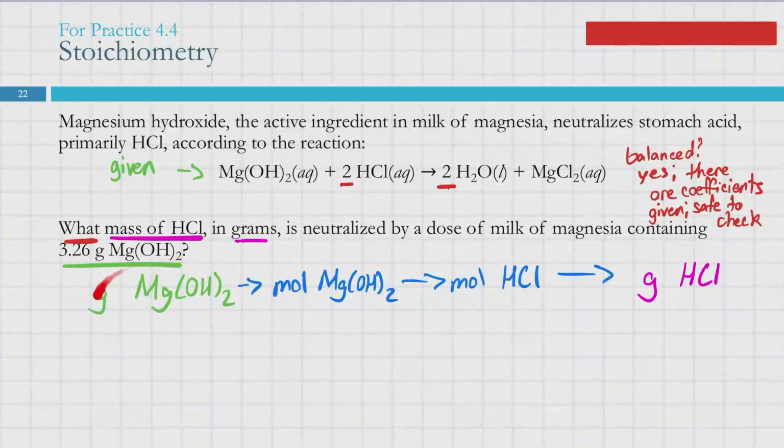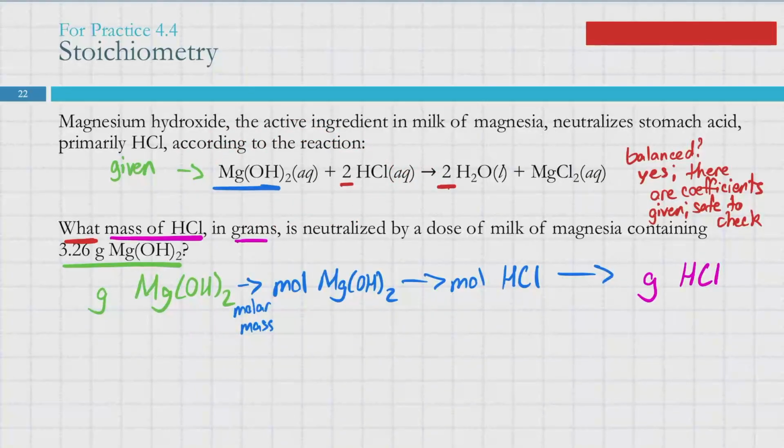What are we going to use to do grams to moles for magnesium hydroxide? Molar mass. So we'll have to calculate a molar mass for magnesium hydroxide. What tells us a relationship between magnesium hydroxide and HCl? The coefficients in our balanced chemical equation.